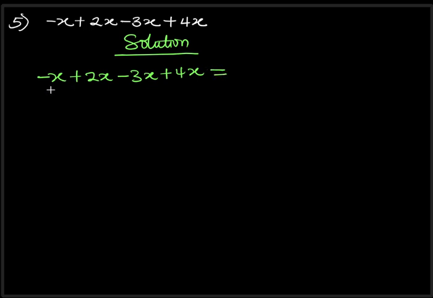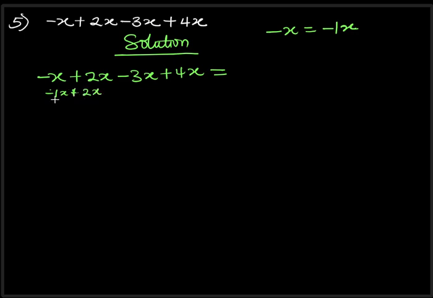Now we need to take note: minus x is the same thing as saying minus 1x. Please note this. Minus 1x. Let's see, minus 1x here. Well, this is minus 1x plus 2x.